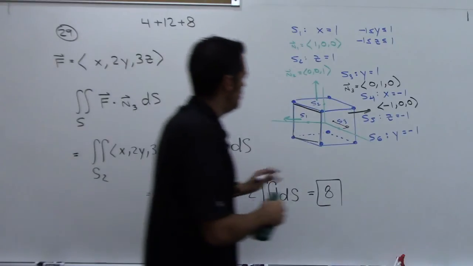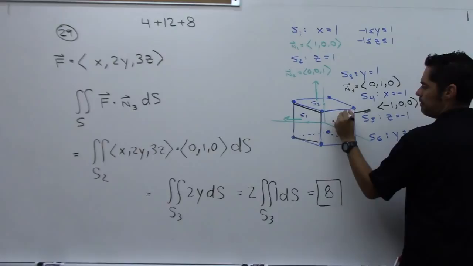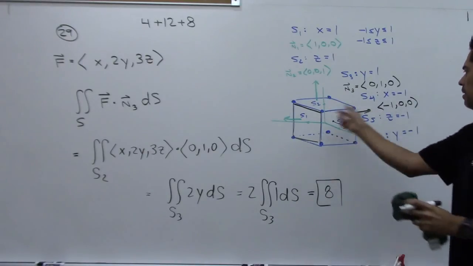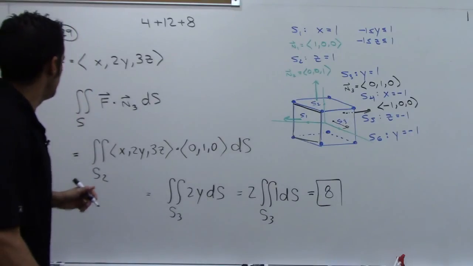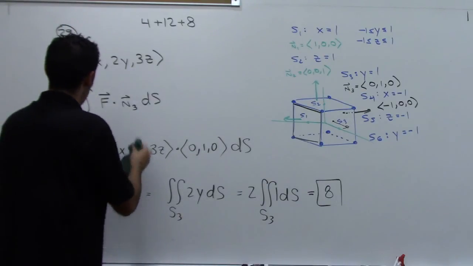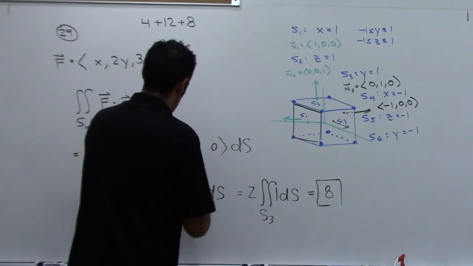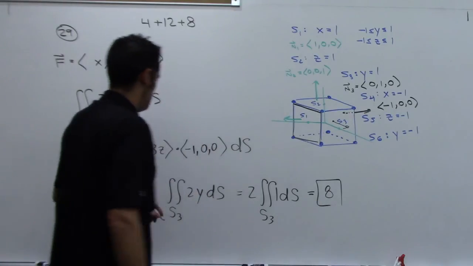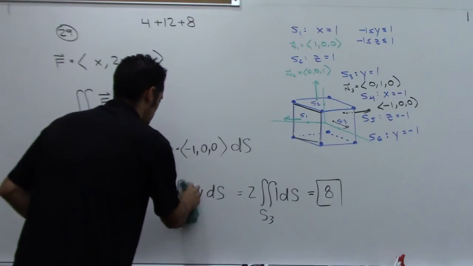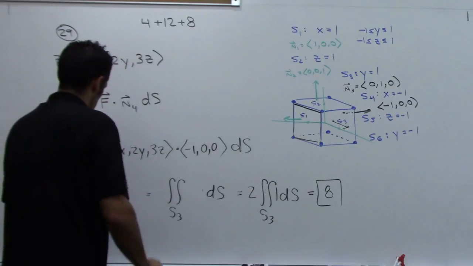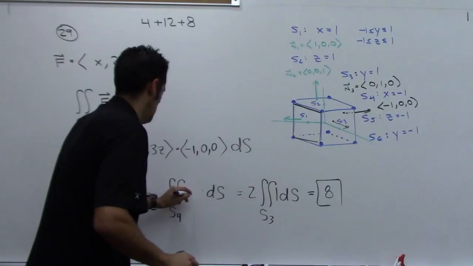This is coming out the backside, so that hits that face and goes out, away. Okay, so we're going over S4 here now. The normal of S4 is negative 1, 0, 0. And when we dot this, we get negative x here.